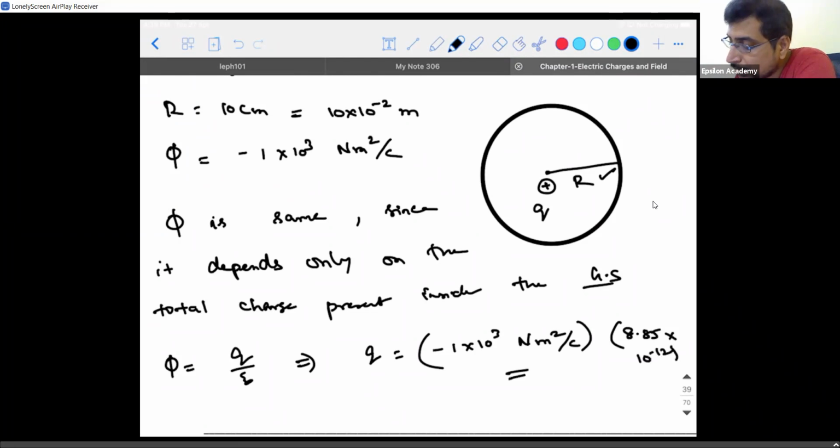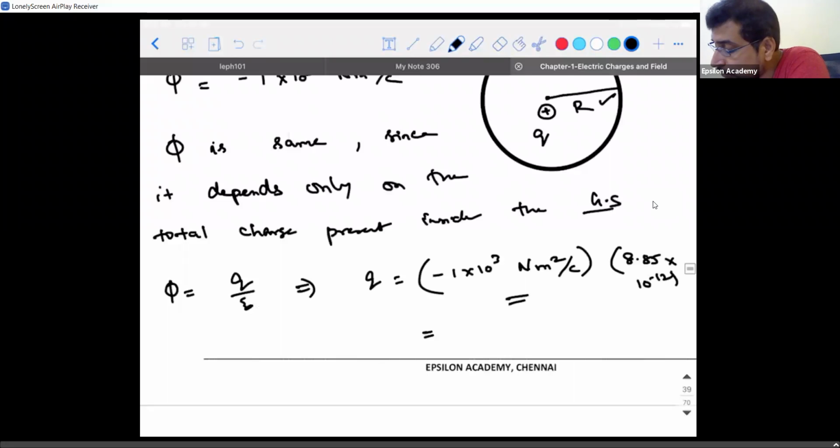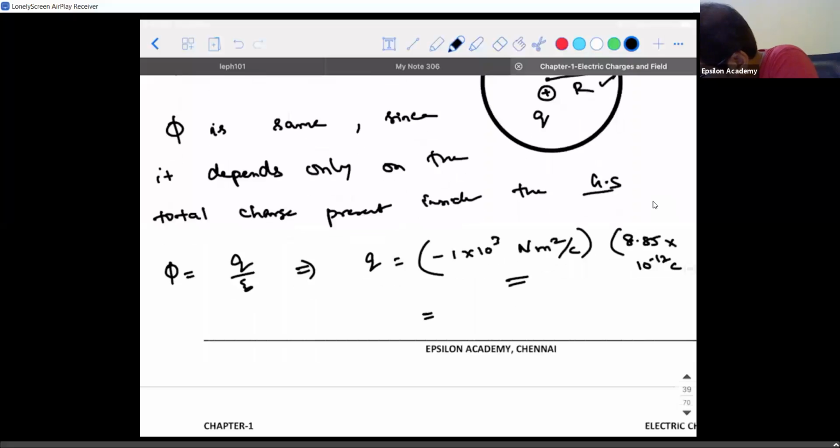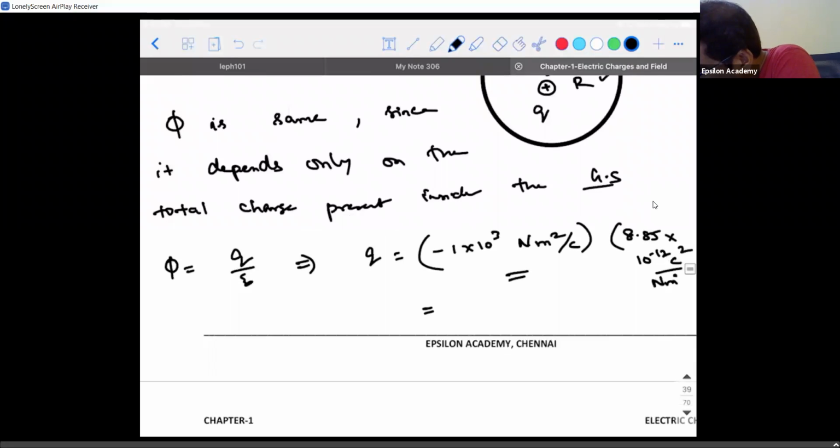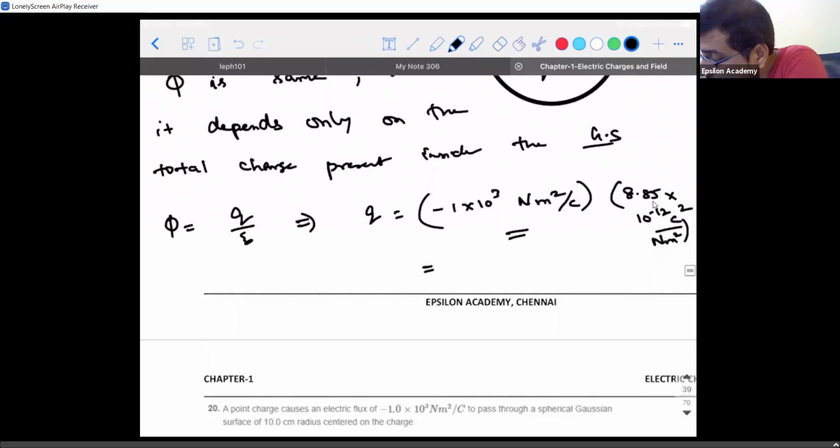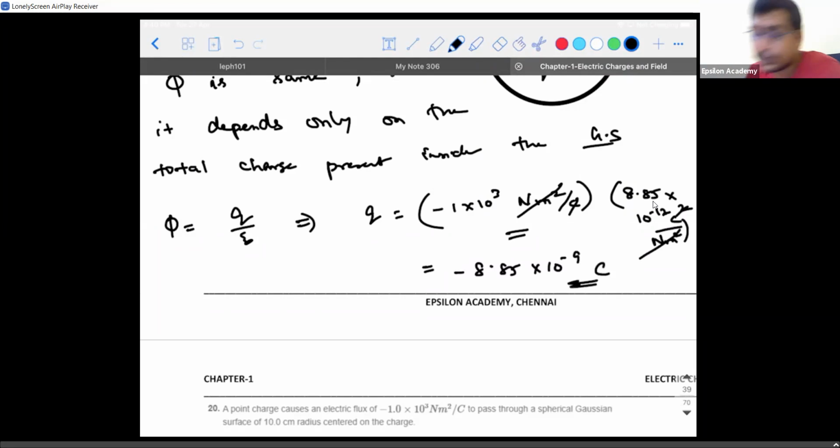By substituting all these values, the units work out to coulomb, so it is minus 8.85 into 10 power minus 9 coulomb.